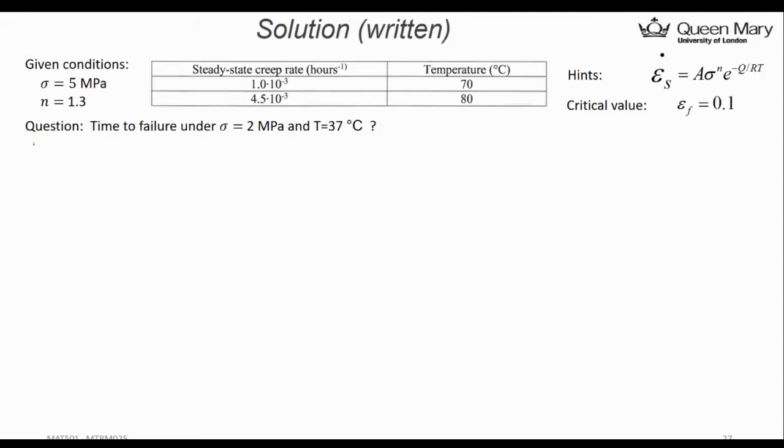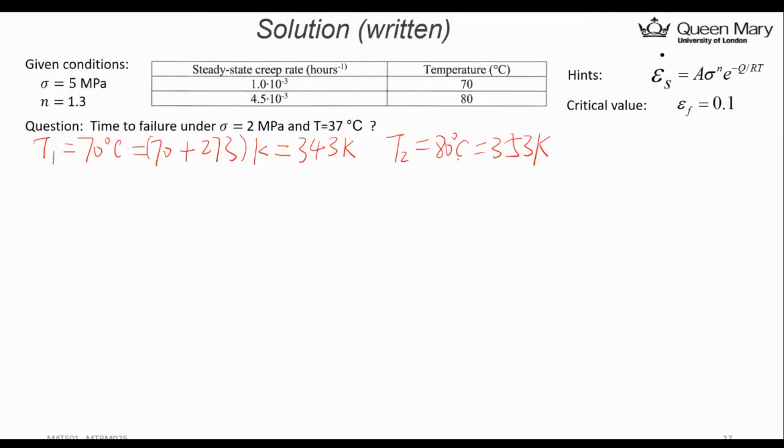So let's say temperature T1 is equal to 70 plus 273, that's 343 K. And T2, similarly, 80 degrees, is equal to 353 K, just 10 degrees higher.